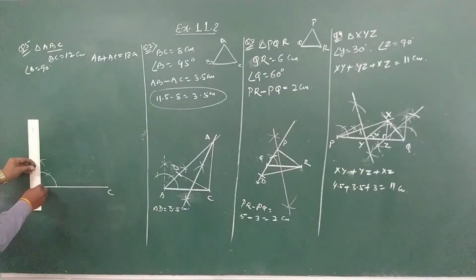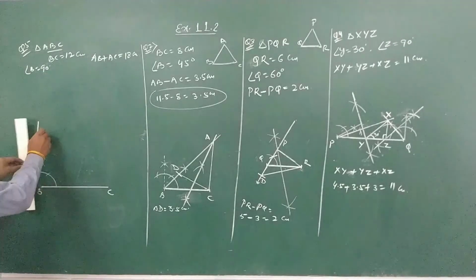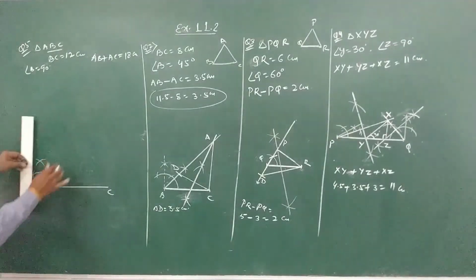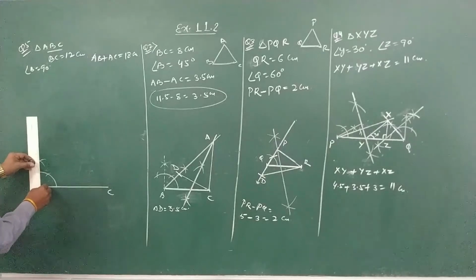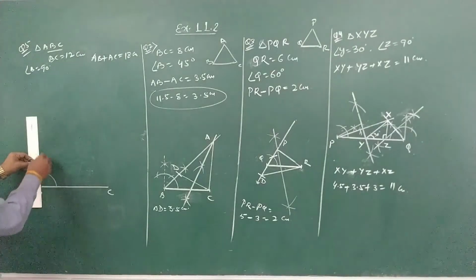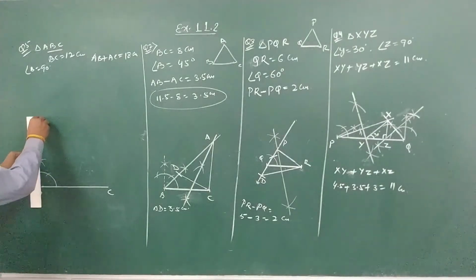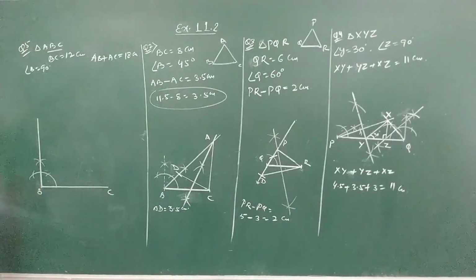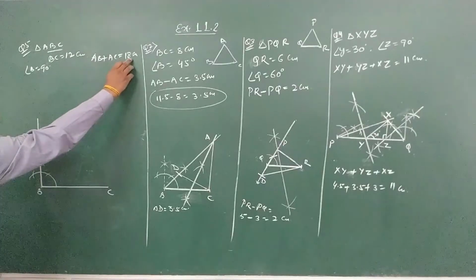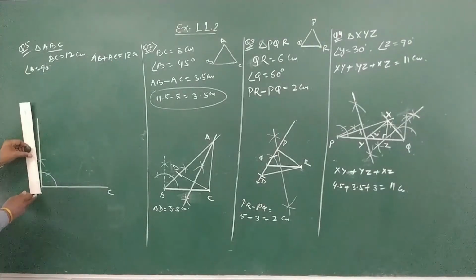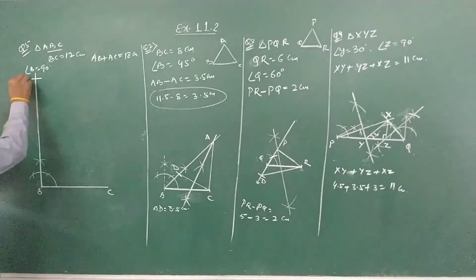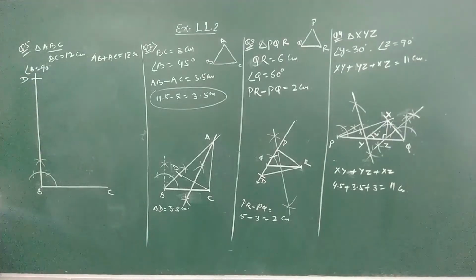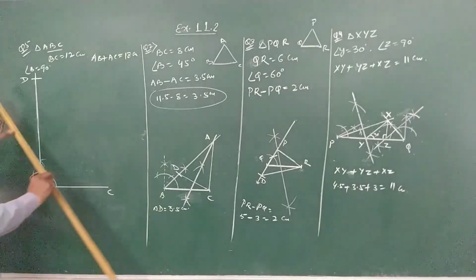So when you join it, it becomes 90 degree. And we will cut an arc of 18 centimeter away from B. So this is your D point. Join CD.